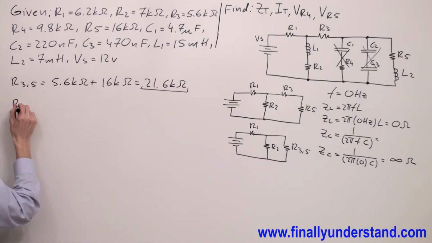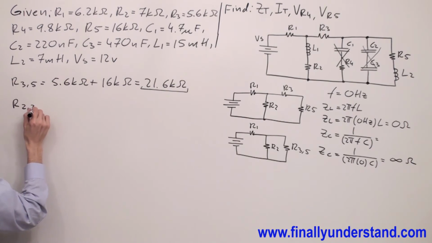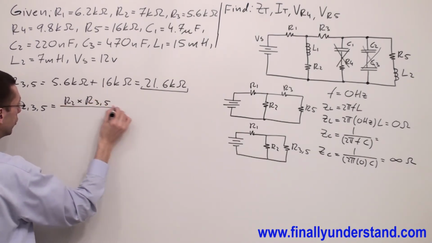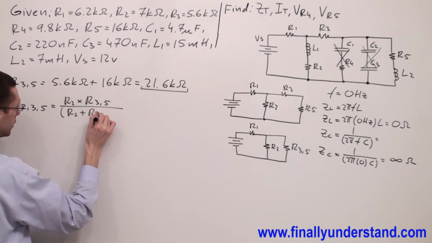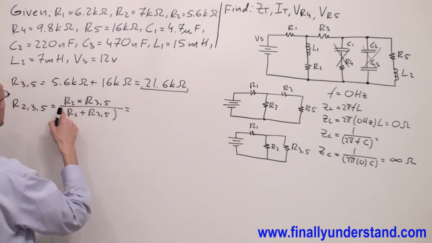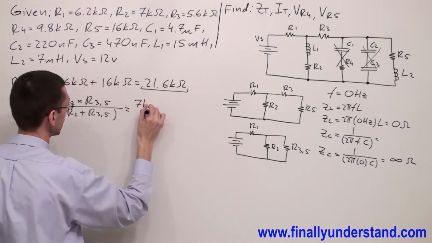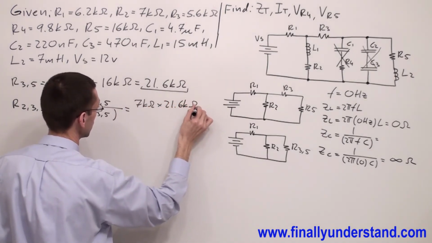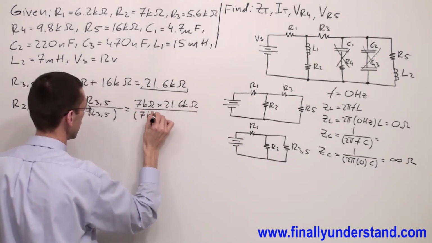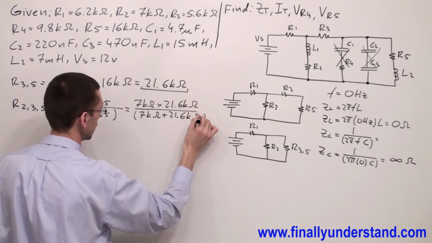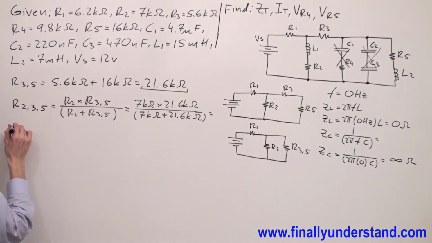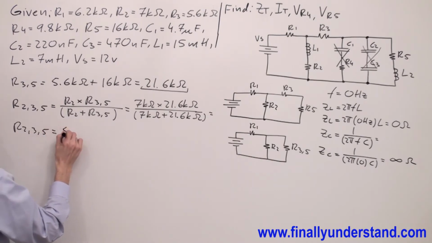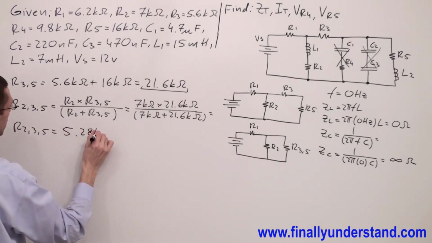R2,3,5 is equal to R2 times R3,5 over R2 plus R3,5, where R2 is equal to 7 kilo ohms times R3,5, 21.6 kilo ohms, over 7 kilo ohms plus 21.6 kilo ohms. This is equal to 5.28 kilo ohms.